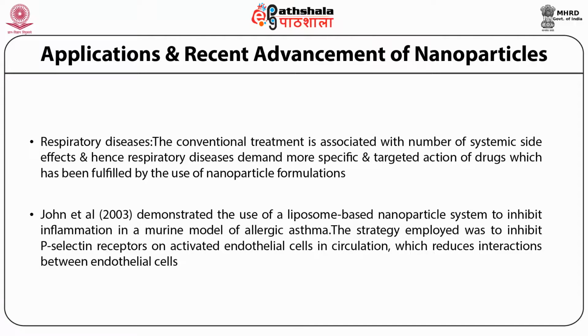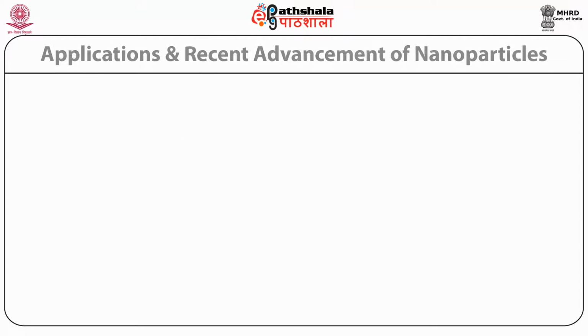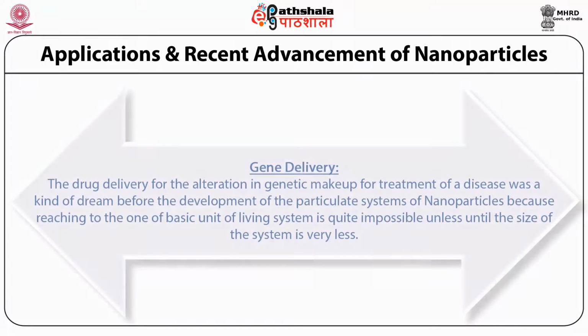Phosphatidylcholine, that is PC, and distearoyl phosphatidylethanolamine and polyethylene glycol were used for synthesizing phosphatiosomes and loaded with rolipram, which inhibits activated neutrophils. They also studied the possibility of using phosphatiosomes as the lung targeting carrier, and acute lung injury treatment was performed. Application of nanoparticles in gene delivery.